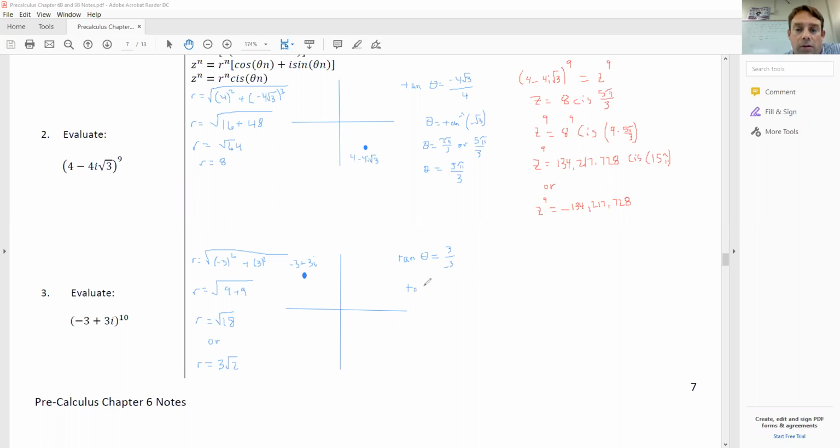So tangent of the angle is equal to -1. So theta equals the inverse tangent of -1. Well, this could be located then at 3 pi over 4 or 7 pi over 4. So based upon where this complex number is located, we'd be dealing with 3 pi over 4. So 3 pi over 4 is our argument.